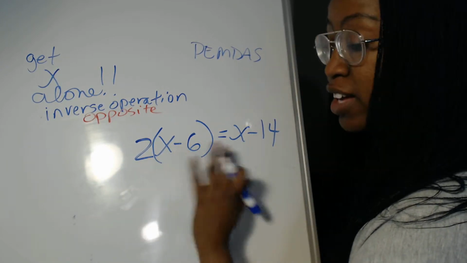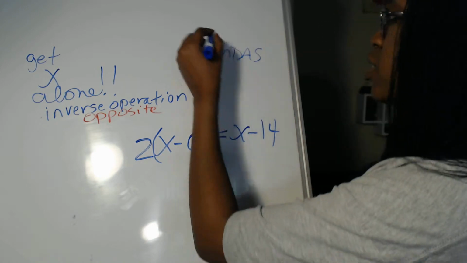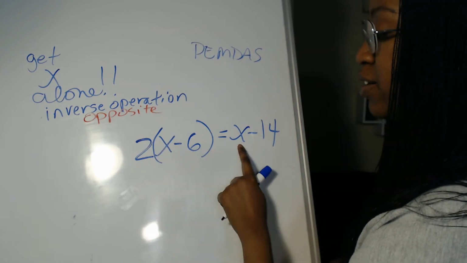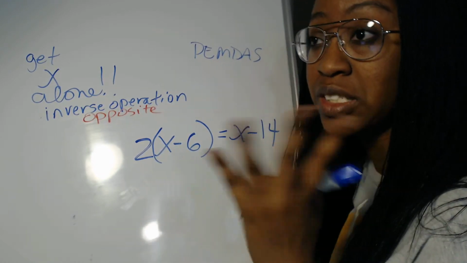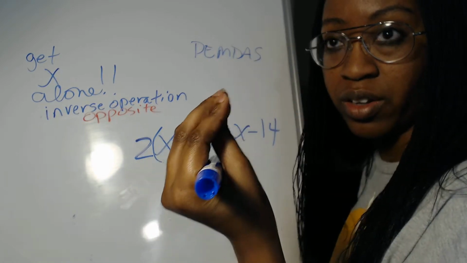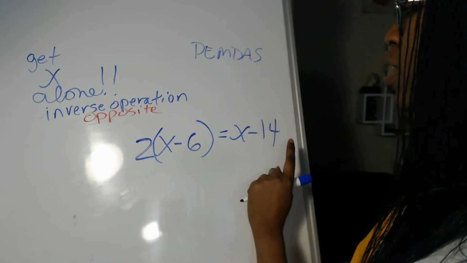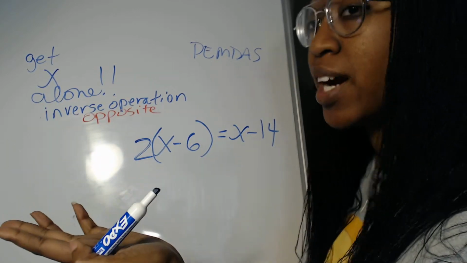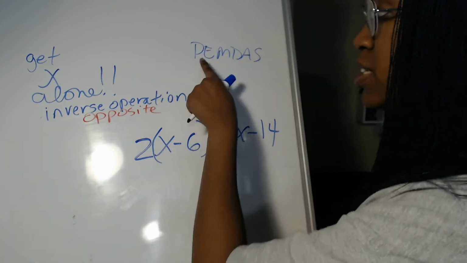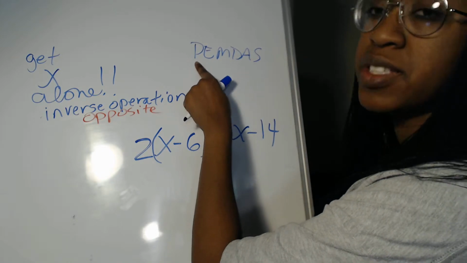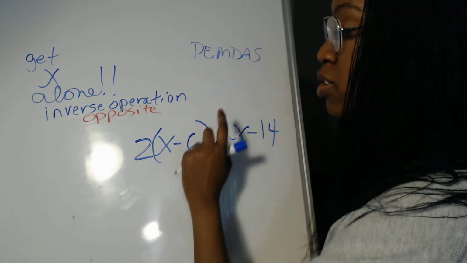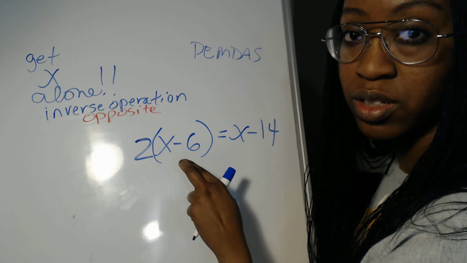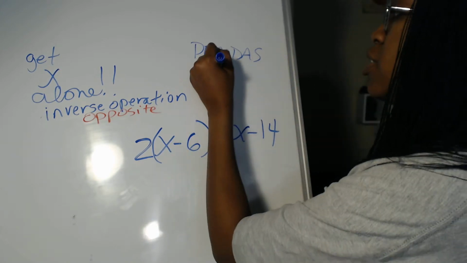When we're dealing with algebraic equations, we need to remember that the variable is an unknown, so we are trying to solve for that variable, right? So PEMDAS, which is also known as GEMDAS, means deal with the parentheses or the grouping symbols first. That's the first thing we deal with.